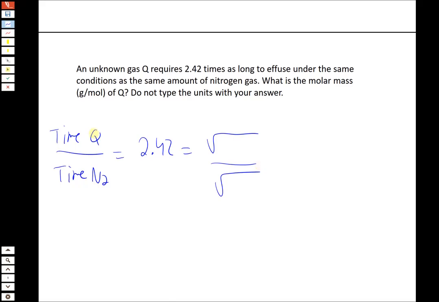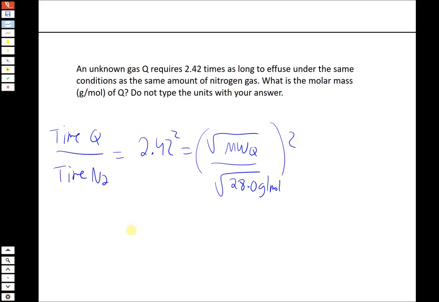So now we're going to put Q on the top and N2 on the bottom because that's the ratio we're considering in time. So you have to remember that there's two forms of this equation. And so we're going to put the molar mass of Q on top, that's our unknown, and then the molar mass of nitrogen on the bottom, which is 28.0 grams per mole, the molar mass for N2. So this is, again, pretty simple algebra. Now we're going to square both sides.